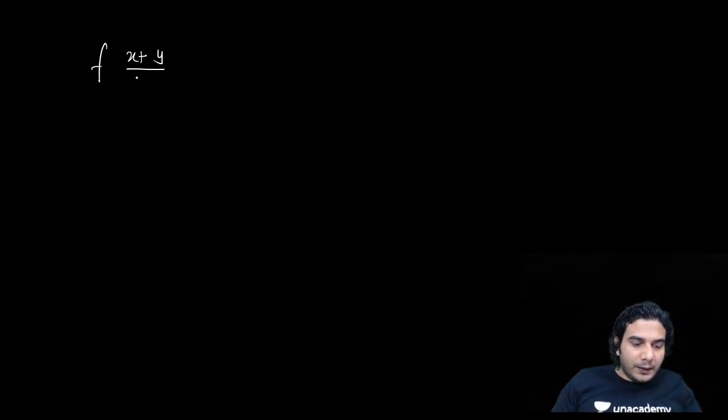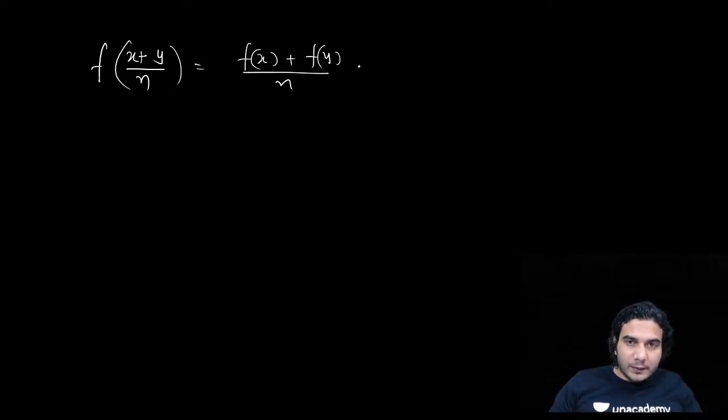All right. So I'll give you the next functional equation, which is f of (x plus y) by n is equal to (f of x plus f of y) divided by n, for all x and y belonging to real numbers, and n is not equal to 0, 2.